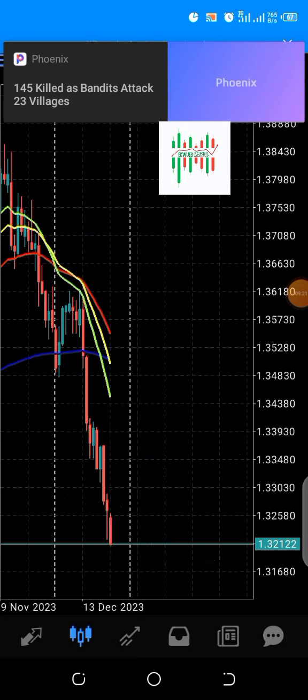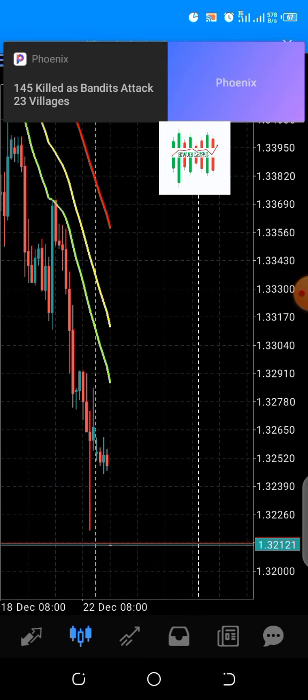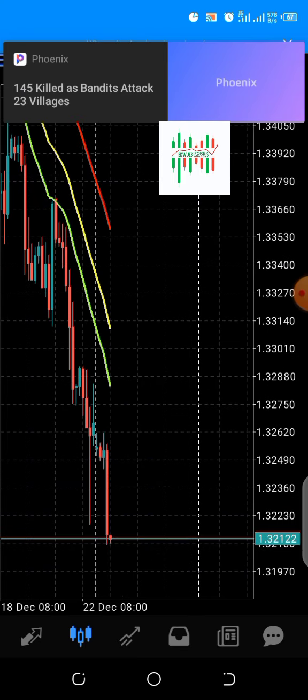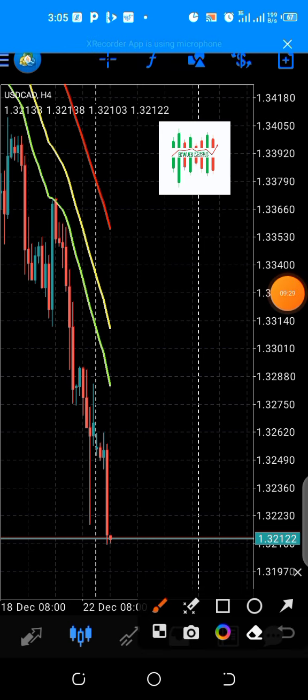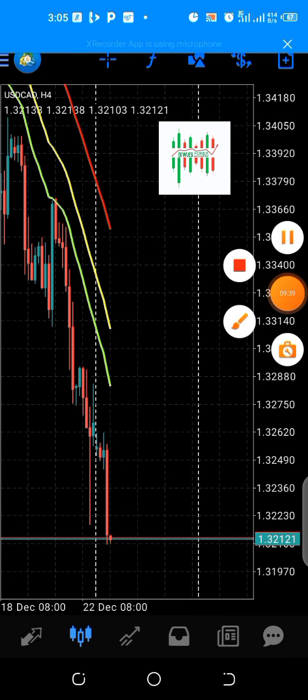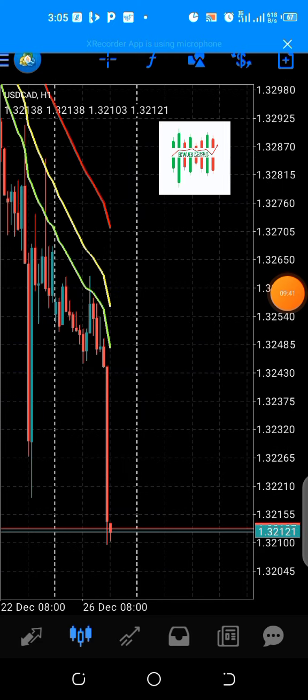What you do next, you go to the H4. Okay, what does the H4 say? I guess in the morning it will have been bearish, beside this bullish candlestick, like this bearish one now. Okay, now moving on to the H1.